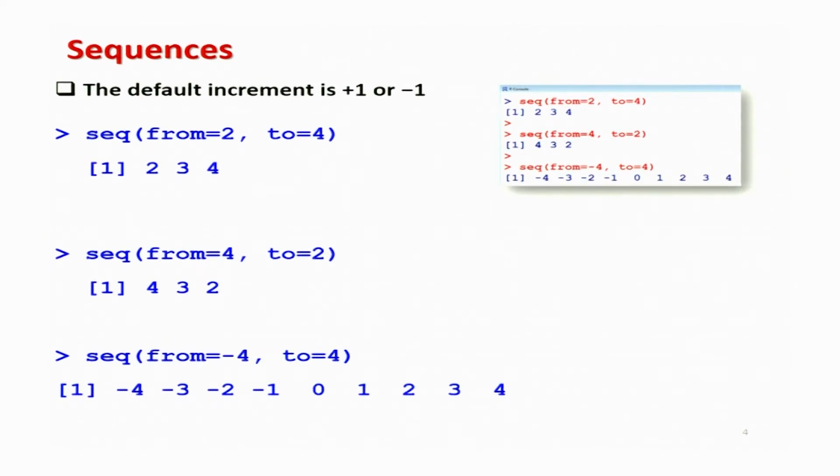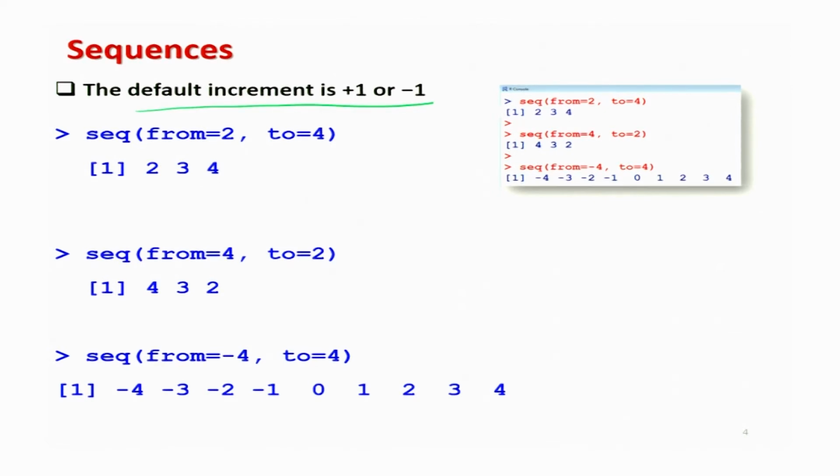But now let me take some examples, and through those examples I will show you how the outcome in a sequence can be controlled depending on your requirement. One point you have to keep in mind is that the default increment in the sequence is +1 or -1, 1 unit, either positive or negative.